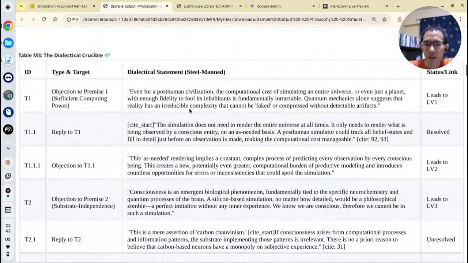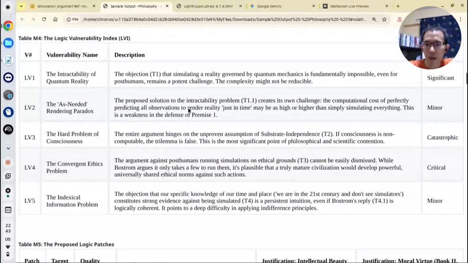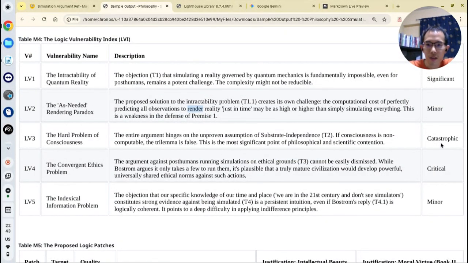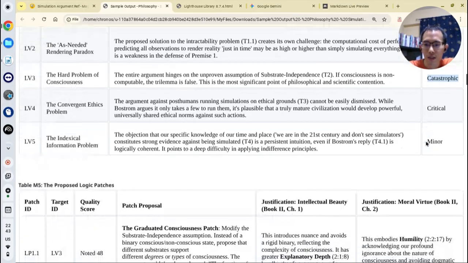It subjects the argument to a dialectic, counter replies, replies to counter replies. It identifies vulnerabilities in the argument. So the argument is not proven that the hard problem of consciousness can be solved. For example, there's a catastrophic weakness.